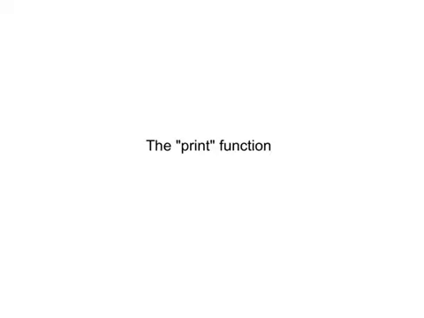Now imagine that print is a function that sits in memory at some address, just like we talked about in the previous lesson. Now suppose that I want to print some specific text, like "Hello Reddit." How could I do that?